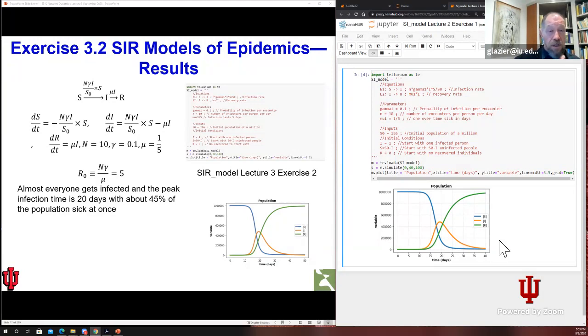If you had one infected individual infect lots of people, but you stayed infected for a small period of time, then you might get something like that. Another thing that we'll see is that if I look carefully, it's not obvious that absolutely everybody gets infected. And that's something we're going to investigate a little bit more pretty soon.